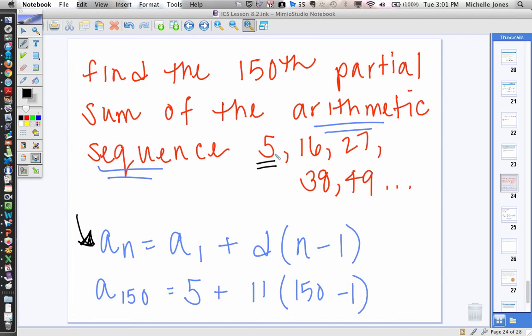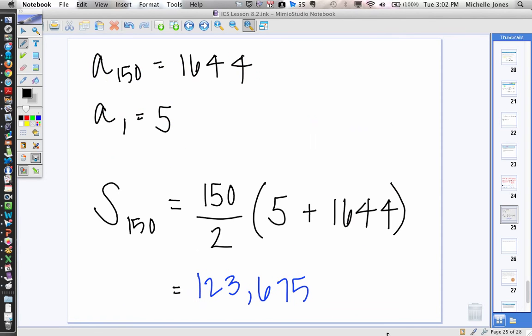You look for the common difference, which is 11. Remember, you get that from 16 minus 5 or 27 minus 16. You'll get 11 every time. And then it's just n minus 1, so you get 149. So go ahead, take a quick second, see if you can figure out what the 150th term is.